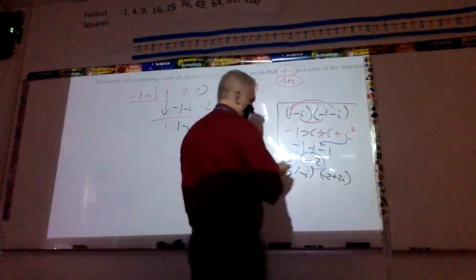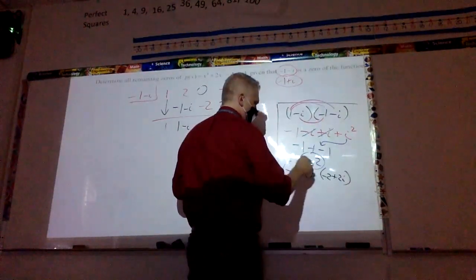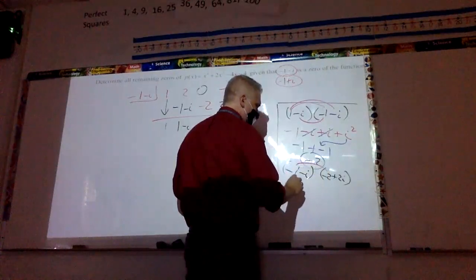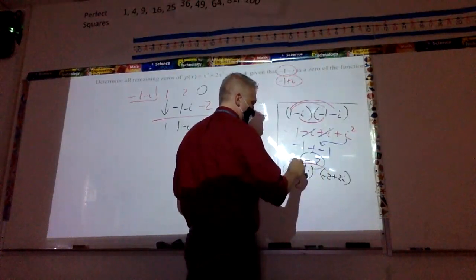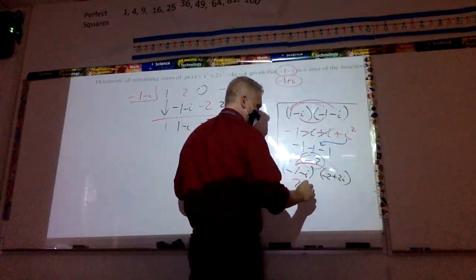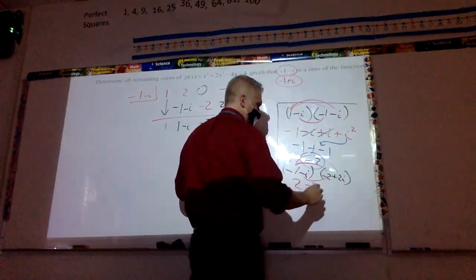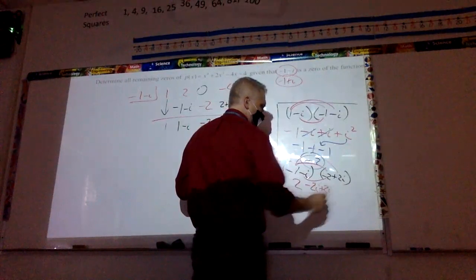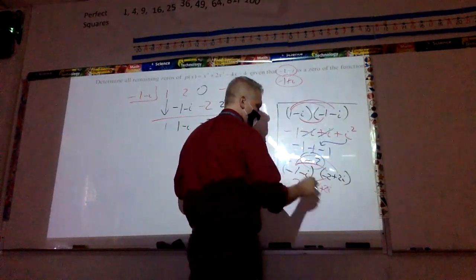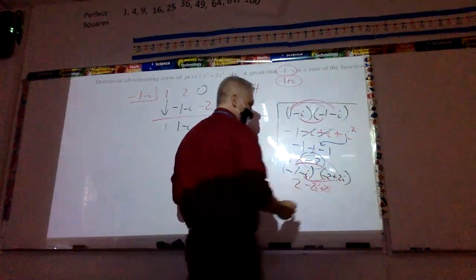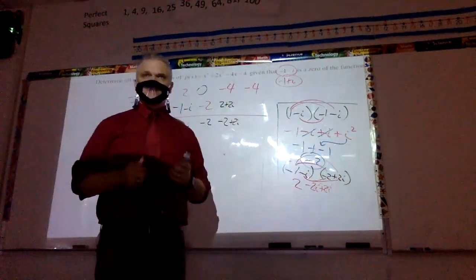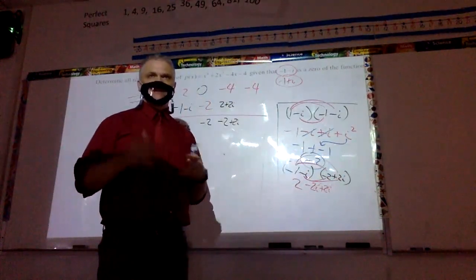So let's FOIL this. Negative 1 times negative 2 is 2. Negative 1 times 2i is minus 2i. Negative i times negative 2 is plus 2i. There they go again. Gotta cancel. Minus i times plus 2i. What's minus i times plus 2i?